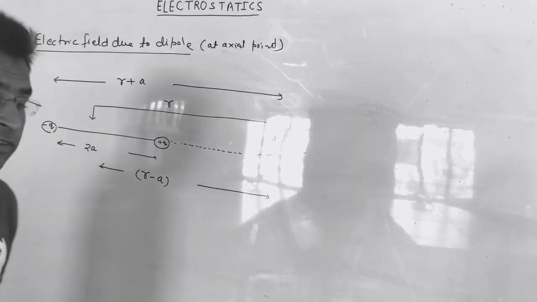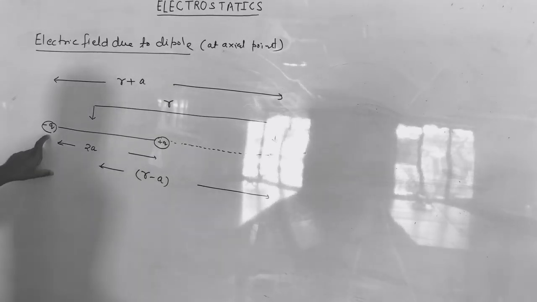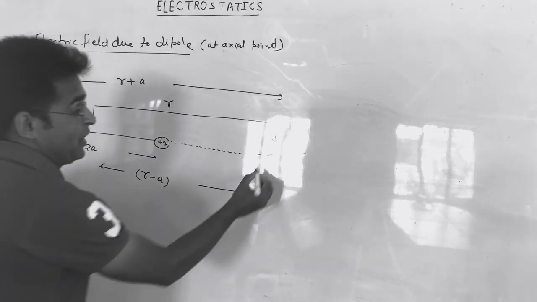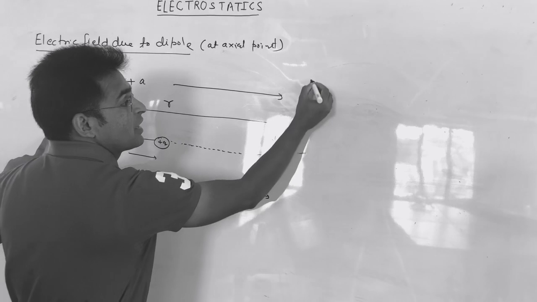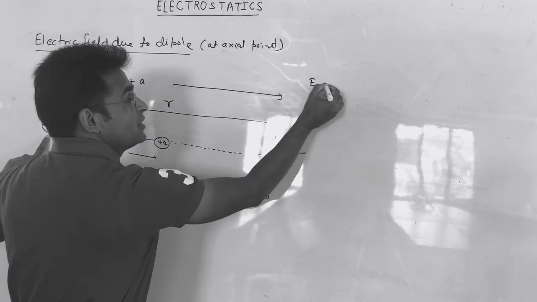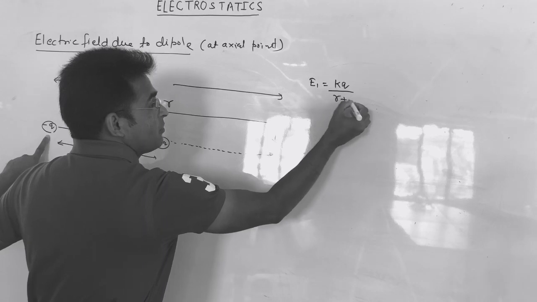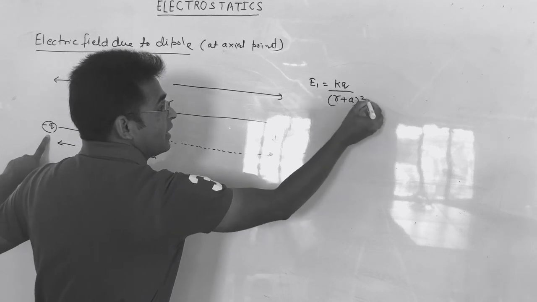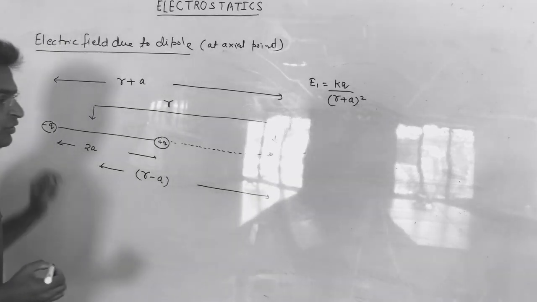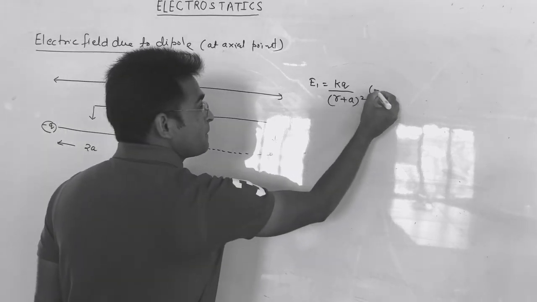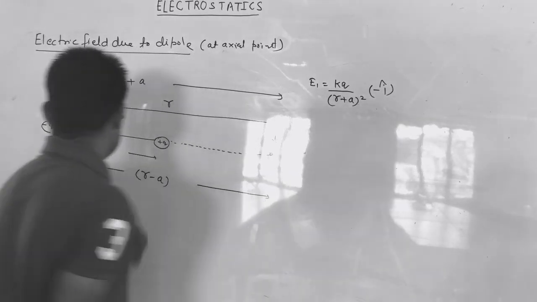Now I'll find the electric field due to the minus Q charge at point A. E1 is equal to KQ divided by (R plus A) square, and since it's a negative charge, the direction will be minus I cap, towards this negative charge.